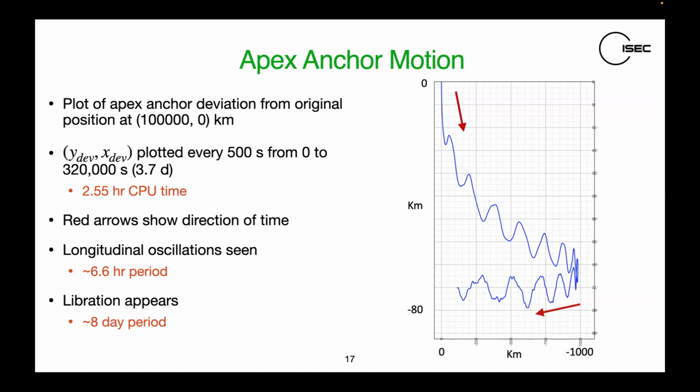This is a much longer oscillation, and it's basically the full body oscillation of the entire tether, and we call this the libration mode. Based on what I've run so far, it looks like the frequency of that mode is about right, about 8 days to go one full swing to the west and then back to the east again. Those things are very encouraging. It looks like it's acting physically. So I was quite happy to see that.